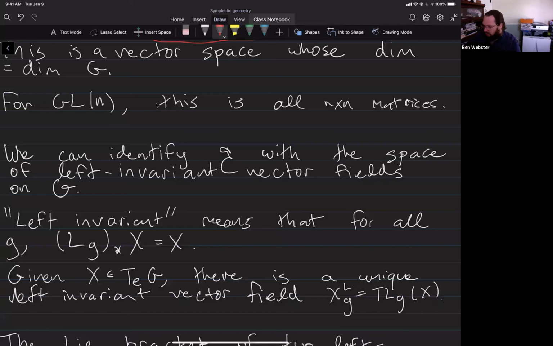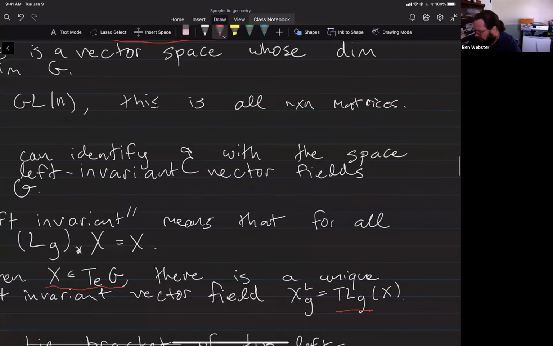So in particular, if I fix an element of the Lie algebra, a tangent vector at the identity, I can construct a unique left invariant vector field by taking the derivative of left translation, going from the identity to the tangent space at g, and pushing forward my vector by that.